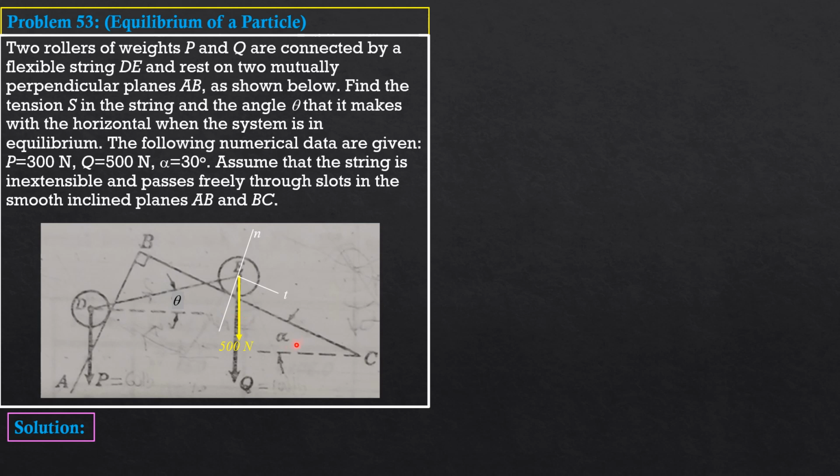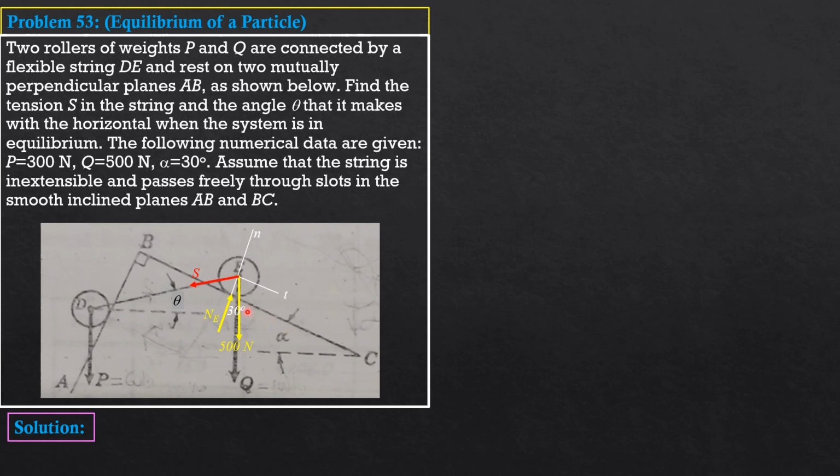This angle is equal to alpha, and alpha is 30 degrees. And tension S makes an angle of theta with the horizontal. So this is the normal reaction at the point of contact between the roller E and the surface BC.